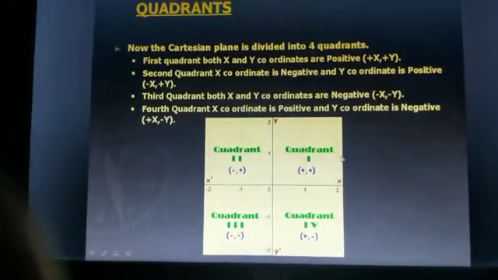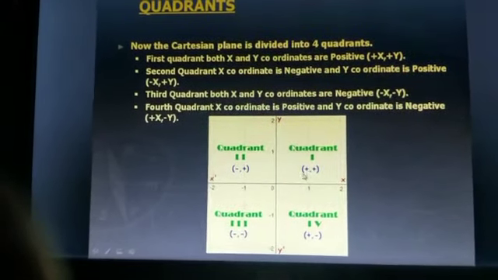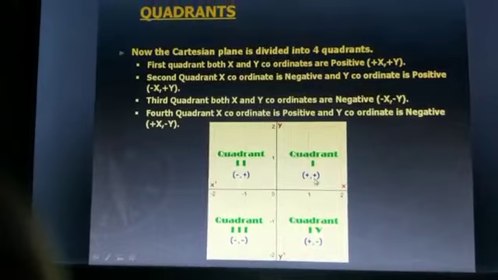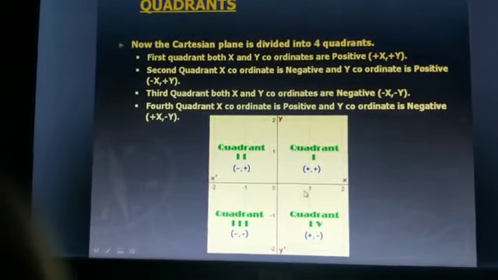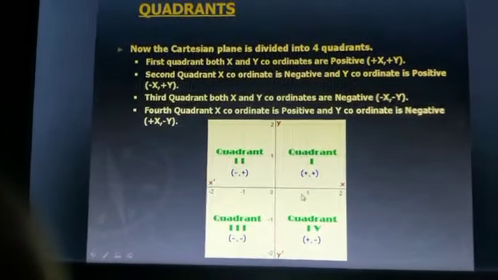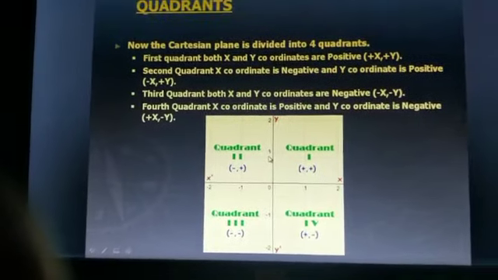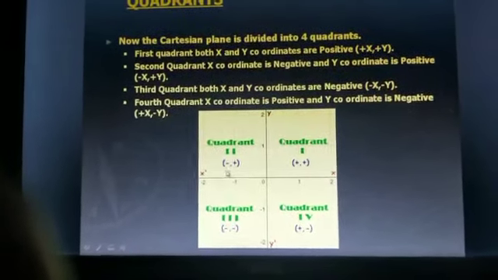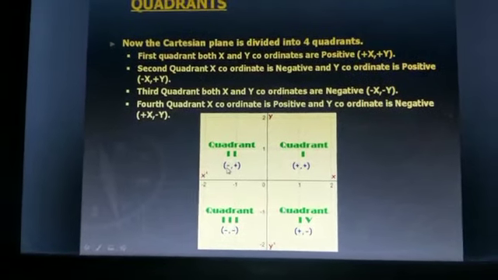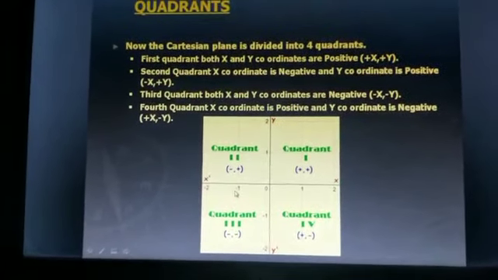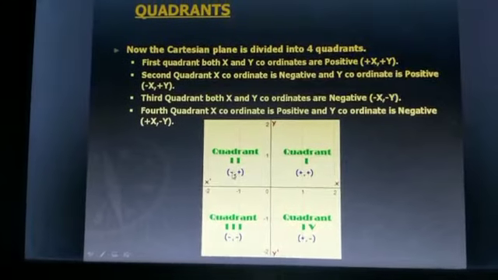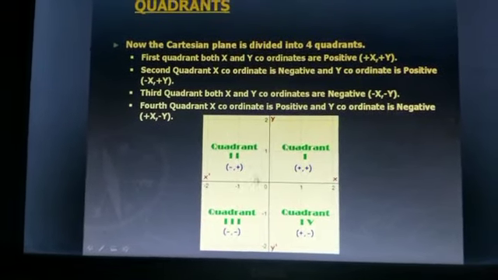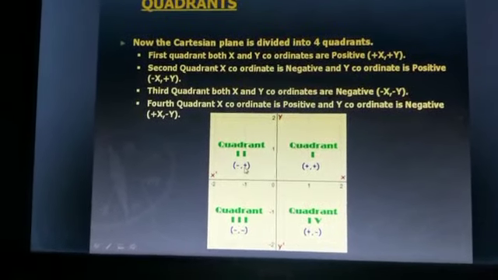See, in the first quadrant, the first number, the x axis, is positive, and the y is positive. Check here, both here it is +1 and here it is also +1. Coming to the second quadrant, the first number will be the x axis. So check here, x axis is -1, hence we write minus, and the y axis is positive, hence we write plus.